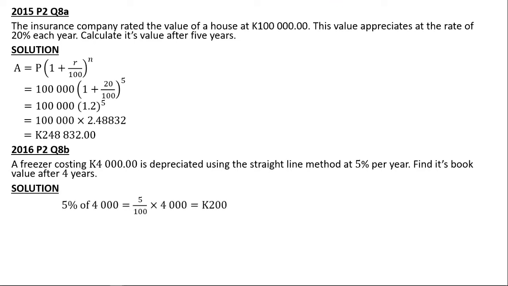5% of 4,000 is the same as 5 over 100 times 4,000, which gives us 200 kwacha. So it depreciated at 200 kwacha per year. Now the question is saying find its book value after 4 years. So the depreciation value after 4 years was 200 kwacha times 4, which gives us 800 kwacha.